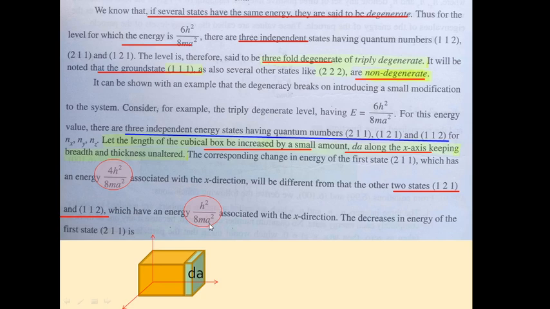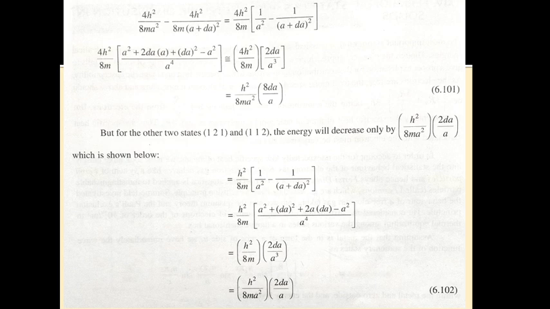Let us check it in detail. This is the very first step, related to 211. By how much is that energy decreased? This is the original cubic box, and now I am increasing the box by dA, so the length is increased by the factor dA.